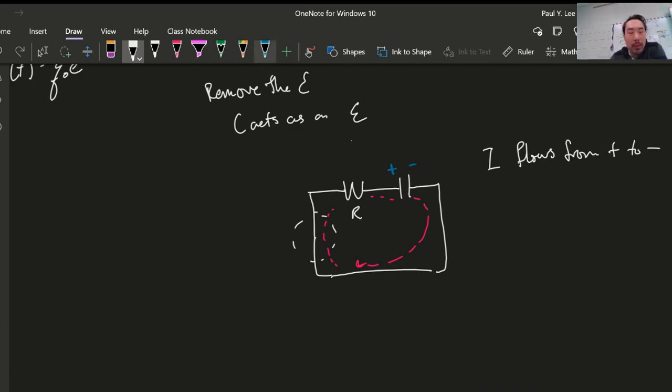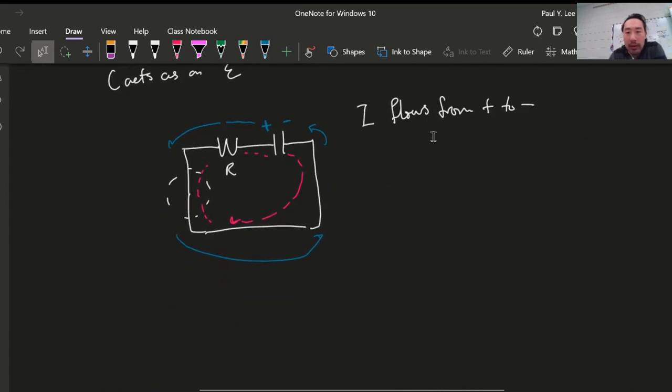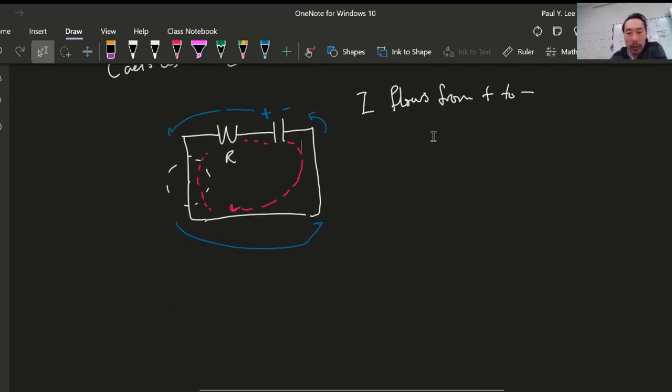So what that means is that before the current was clockwise, but you can see here, positive to negative, the current will be counterclockwise. Okay, and this is important when we come up with Kirchhoff's loop rule, because that designates the signs when we create the EMF formula.